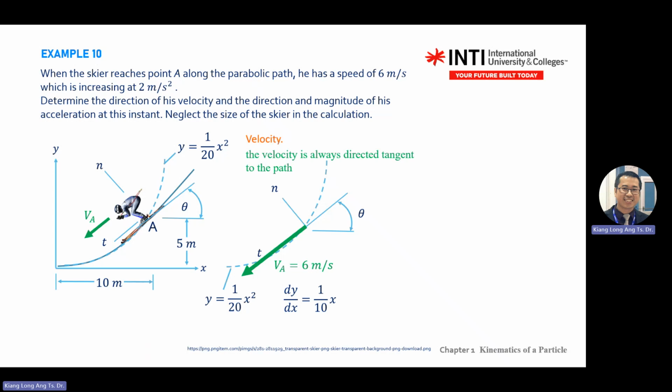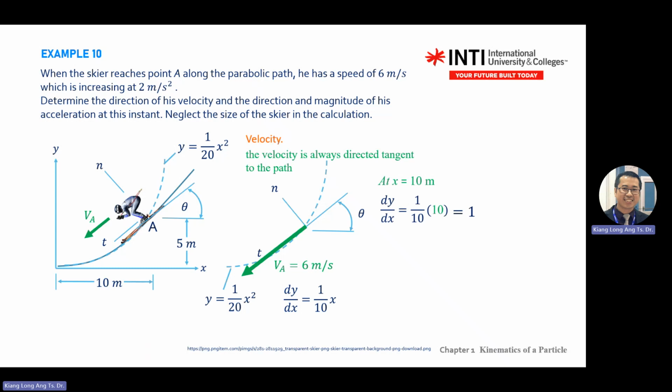Since the rho is not given, you need to do differentiation 2 times. y equal to 1 over 20 x squared. dy/dx equal to 1 over 10 x. You differentiate, pull the 2 to the front, 1 over 20 becomes 1 over 10, x remains x. Then you differentiate one more time: d2y/dx2 becomes 1 over 10.